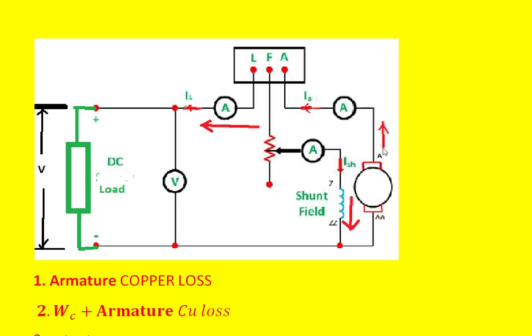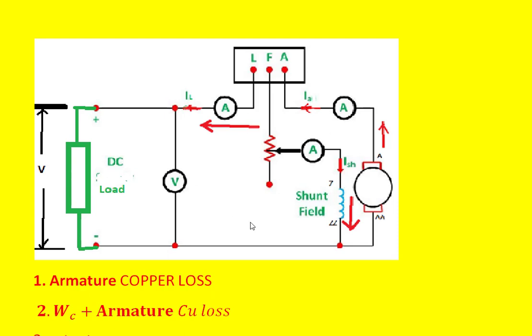We are assuming here the armature current under rated condition is Ia, the current that flows through the shunt field winding is ISH, the current that flows to the DC load is IL, and the voltage across the load is capital V. This is also a rated value.